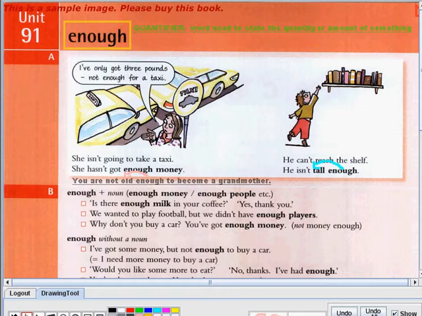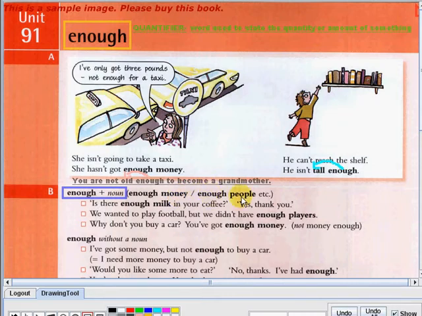Now let's proceed to the rules that we are going to use when constructing a sentence using the word enough, because we have so many rules in making those sentences. The first one is the form enough plus noun, like the samples enough money and enough people.